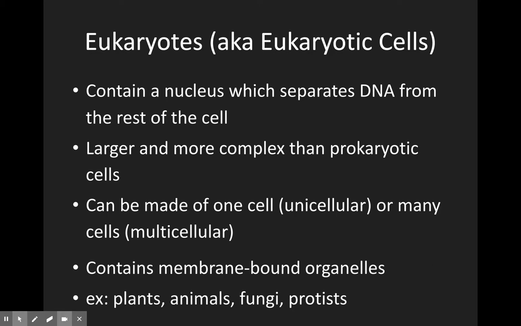So a eukaryote can have one eukaryotic cell, or it can have multiple cells, whereas a prokaryote has one single prokaryotic cell. So a eukaryote contains membrane-bound organelles. Some examples are plants, animals, fungi, protists, pretty much everything but bacteria that's living is a eukaryotic cell.